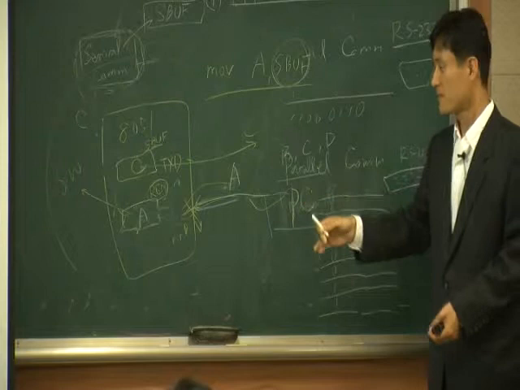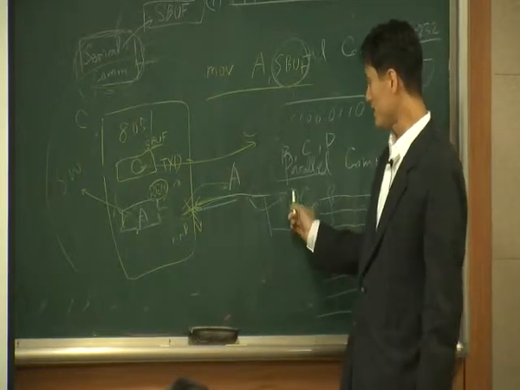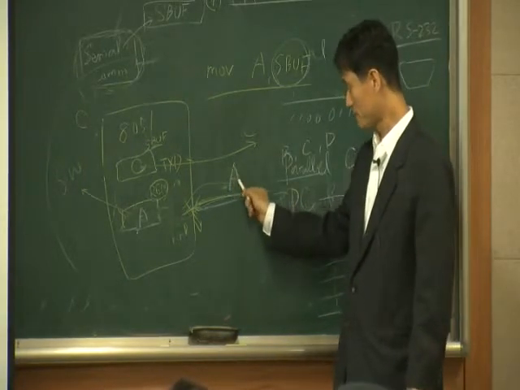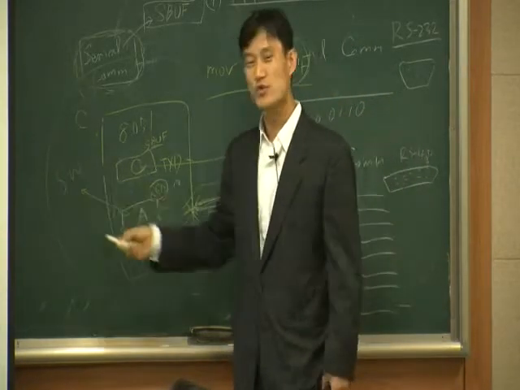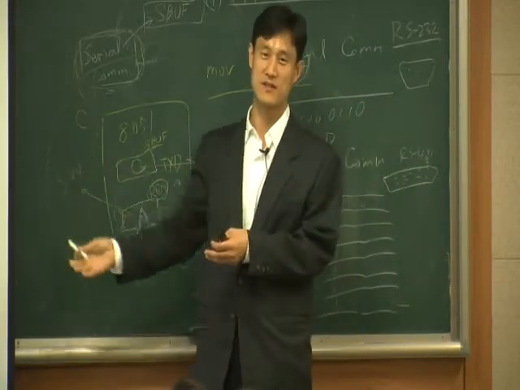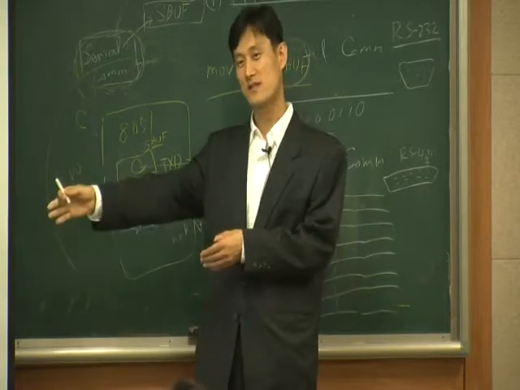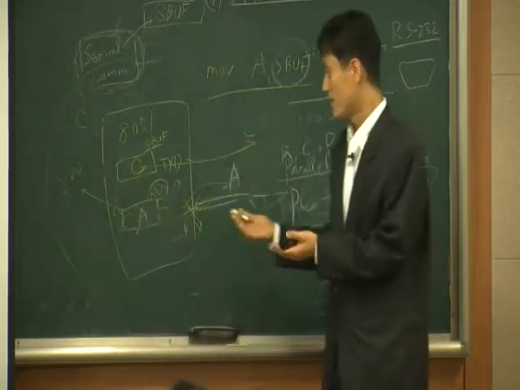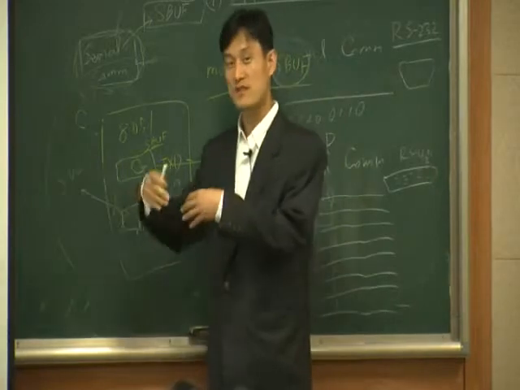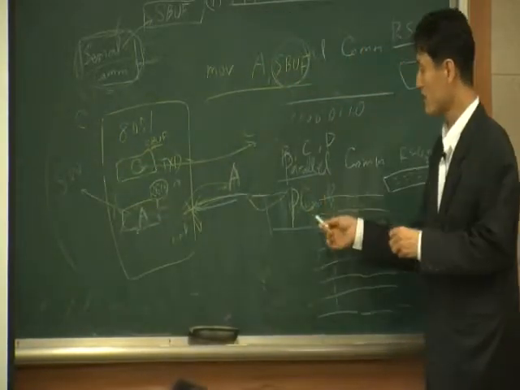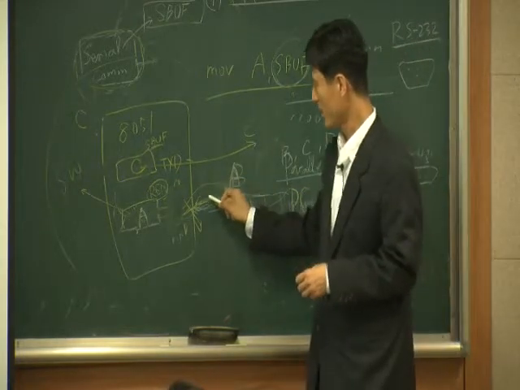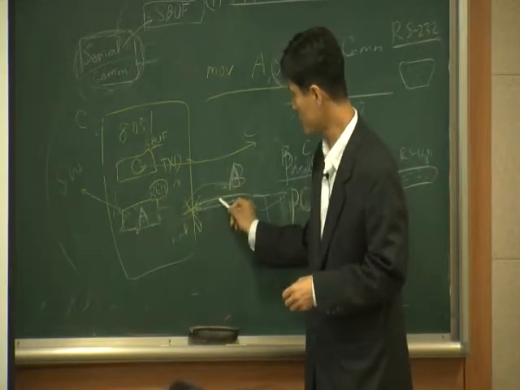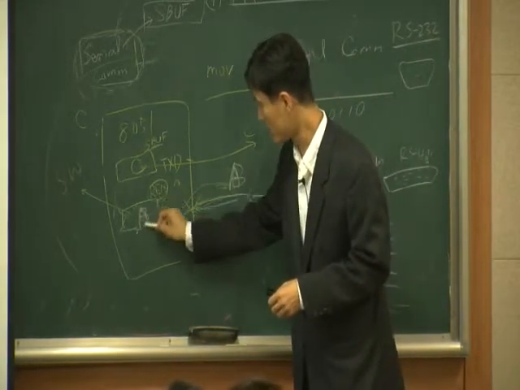This can happen. Let's say the PC is transmitting A, and A goes in here, and the software is busy with something else. In the meantime, the PC is transmitting B. And now A is gone because now we have a new letter B here.